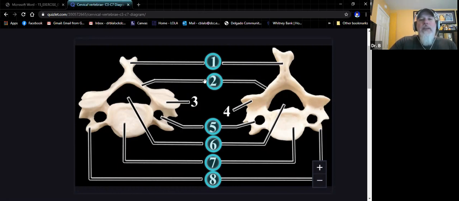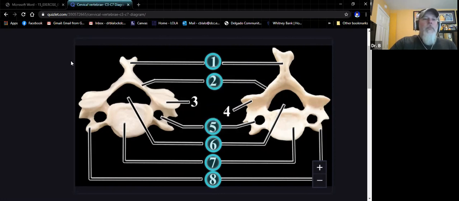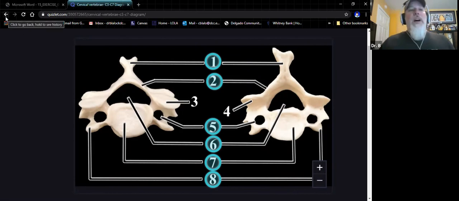And number 2 back here, that is the lamina, all right? The lamina is part of what makes the vertebral arch on these vertebrae.